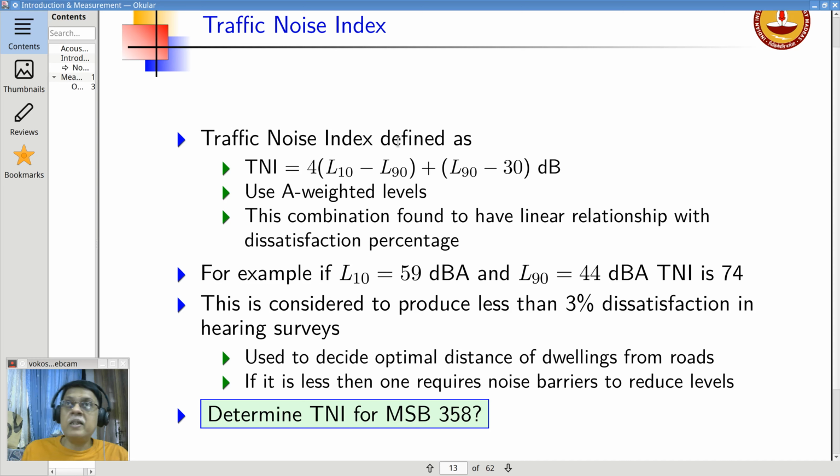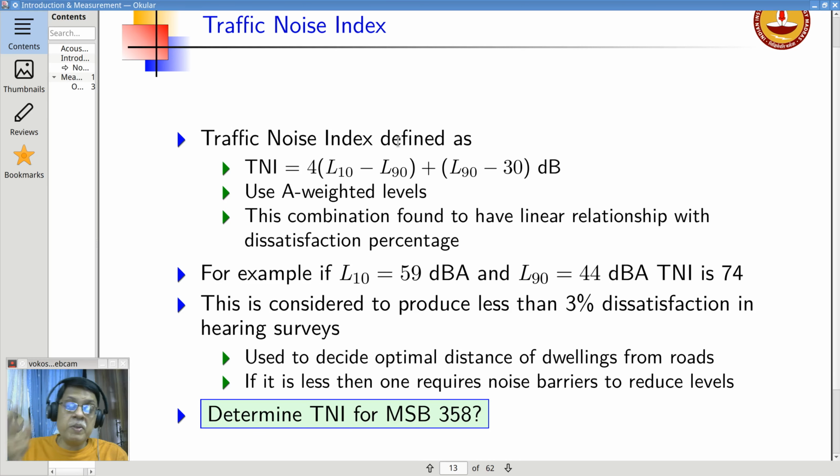You could use the microphone in smartphones. Unfortunately they are not calibrated, but nevertheless you could get a rough measurement done to see how the variation is, at least the dB level variation. There are various apps available. You can try that out to see what is the difference between L10 and L90. Okay, so this is something that's there.